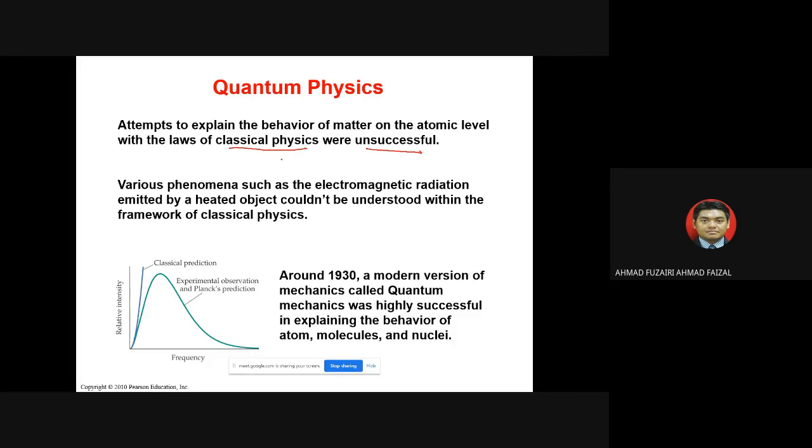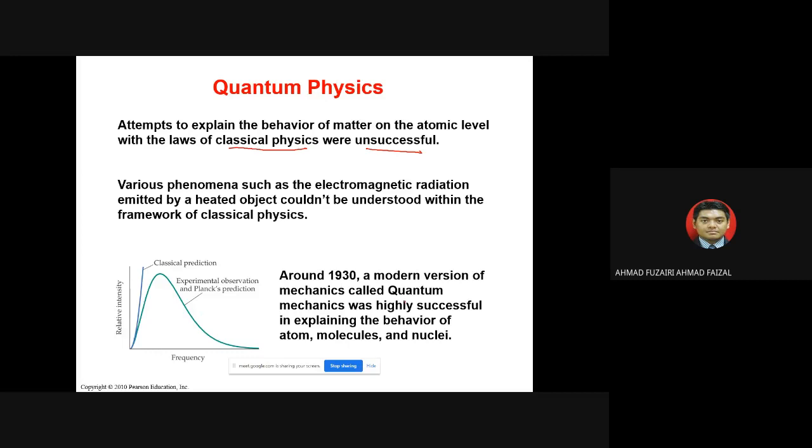It is not a good approach to use classical physics because it will give you failures when we talk about the behavior of matter at the atomic level. That's why the physicists around the 1930s introduced quantum mechanics.